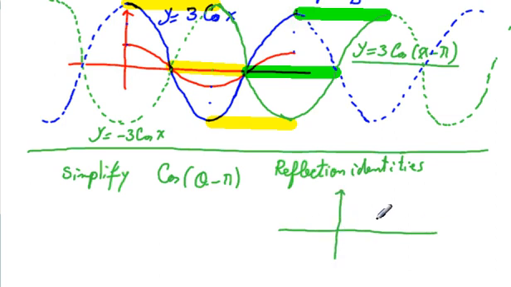If I have this angle theta here, and I've chosen a point on the ray that comes out of this location, let's label it as A and B. Suppose I want to subtract pi from this. Which way do I go?